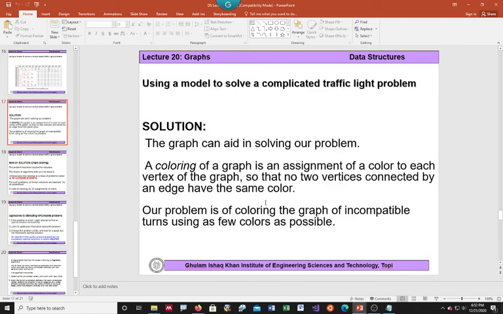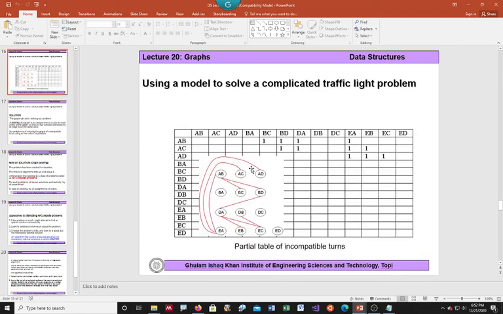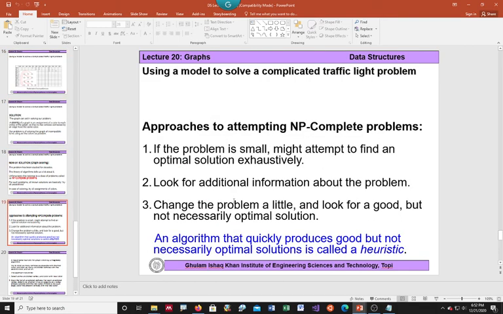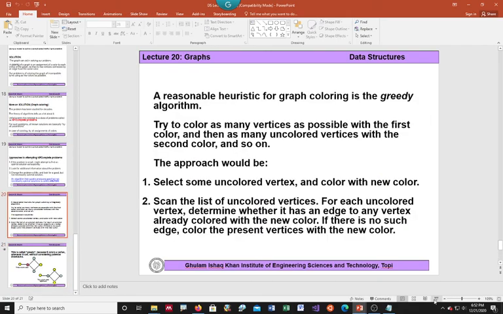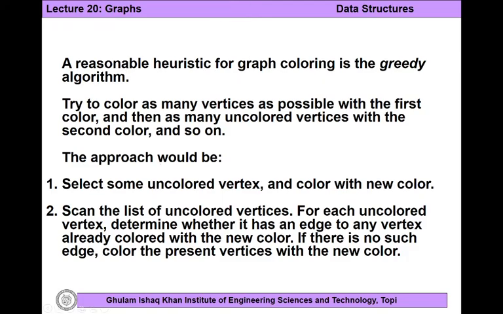Now coming back to the graph coloring problem. This graph coloring problem cannot be solved using an algorithm, so we will be writing a heuristic for it. Now what we do here is that we simply do one thing. We pick one color, and then we color the vertex with that color.